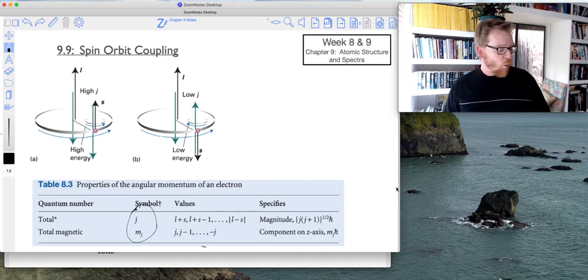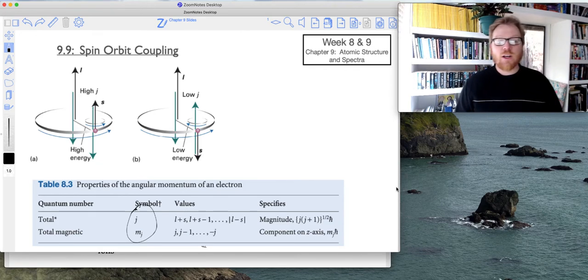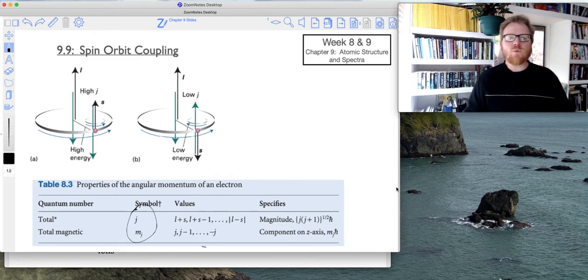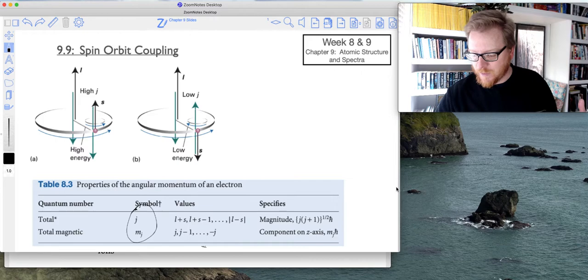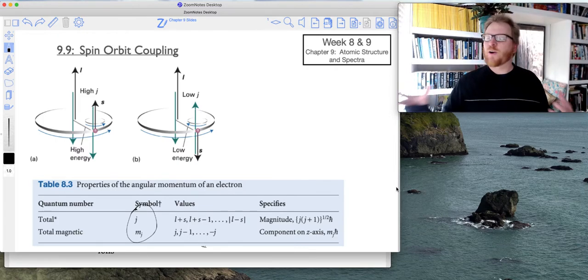Okay, so what is spin-orbit coupling? Well, recall that I've been describing this electron system as very similar to the Earth, Moon system, right?